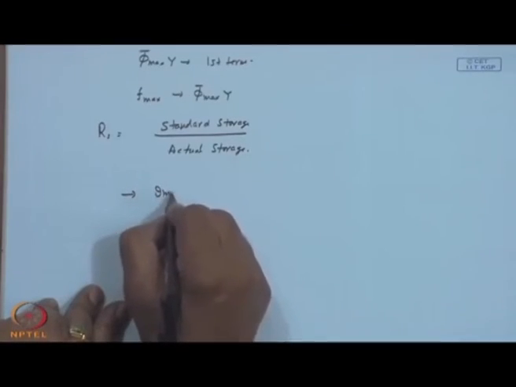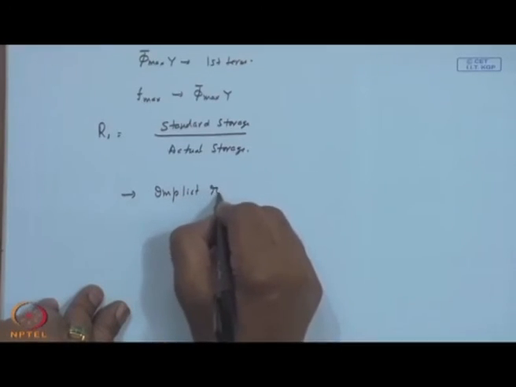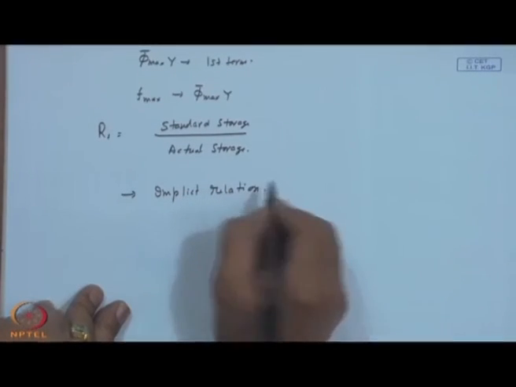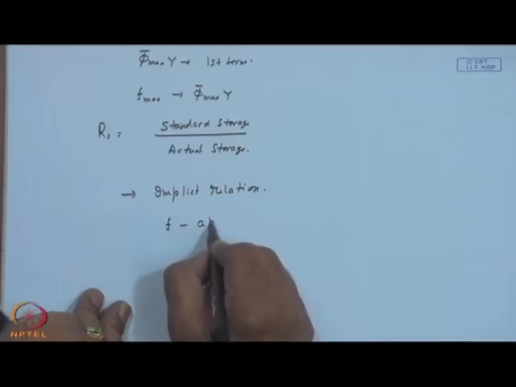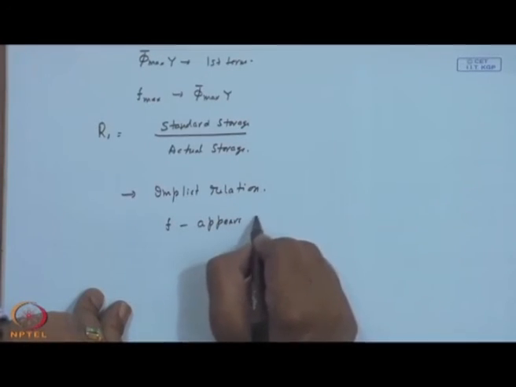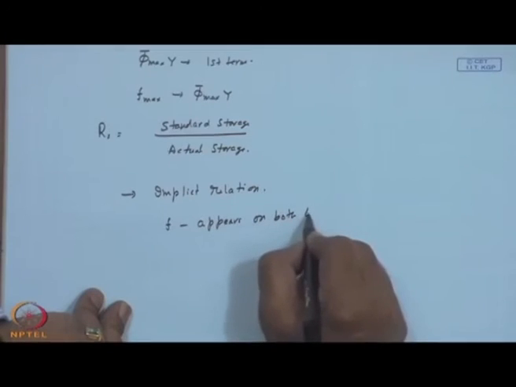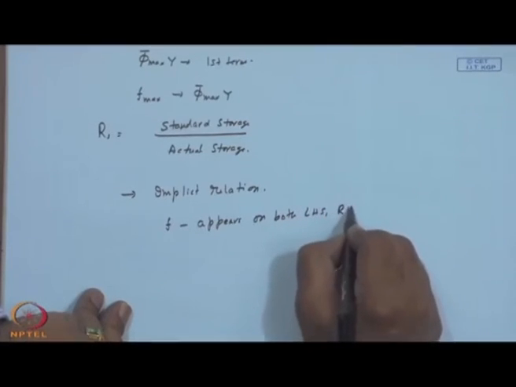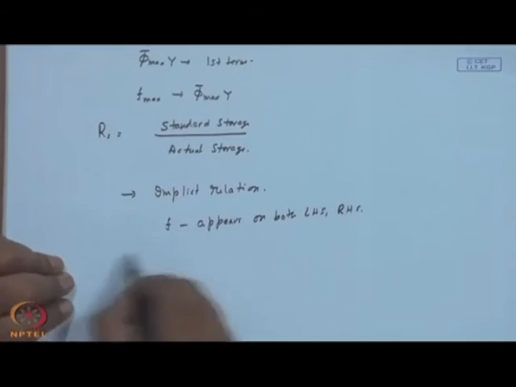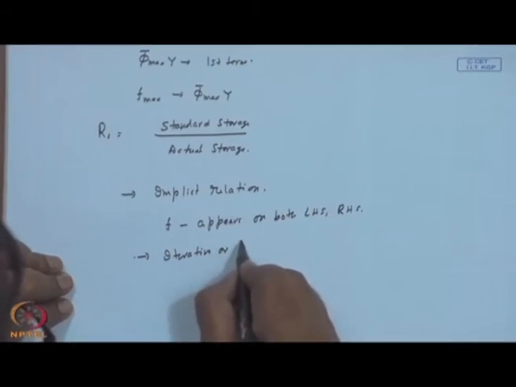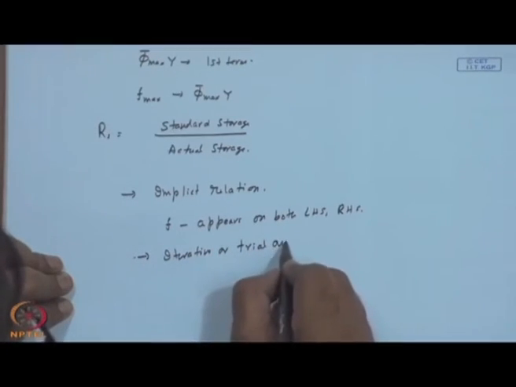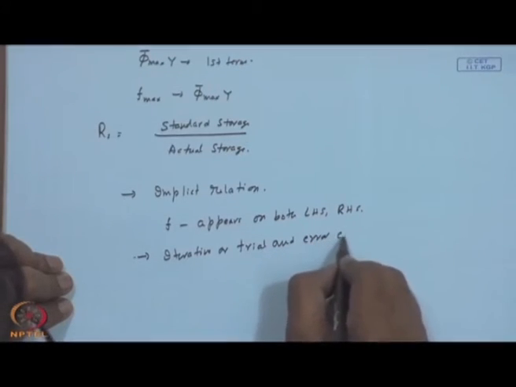The other little uncomfortable aspect is this is an implicit relation. That is, your f appears on both left hand side and the right hand side. It can't be separated. So, this needs an iterative or trial and error calculation.